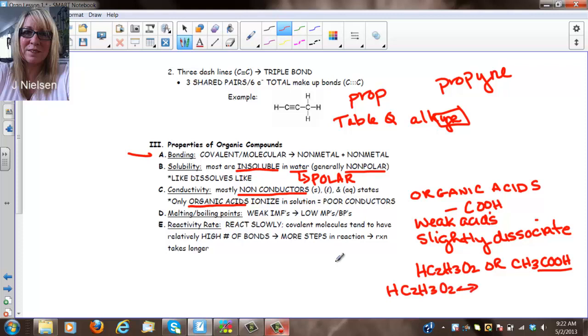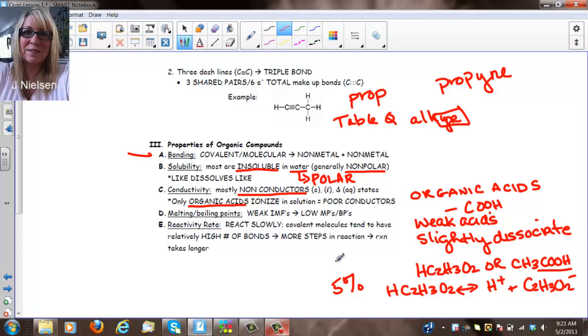And what we mean by dissociate, it splits into H plus and the acetate ion. And it minimally does this because it's a weak acid. This is only about a 5% dissociation as opposed to a strong acid, which would be 100%. So if it only 5% dissociates in water, what that means is that it's not very conductive.